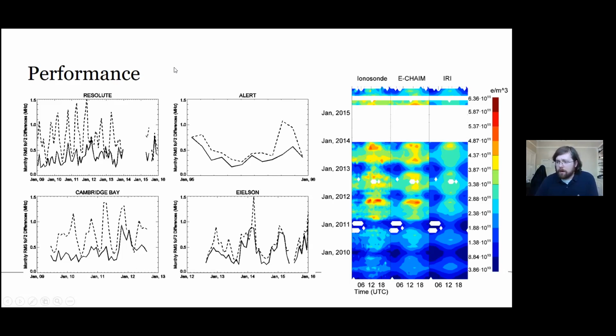In terms of our client's requirement for climatological performance better than 1 megahertz, these are the RMS errors between the model and ionosonde observations from the IRI in dashed lines here, and then from E-CHAIM in the solid black lines.